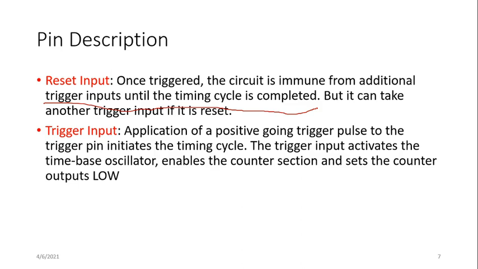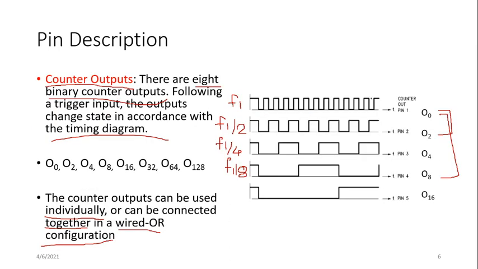And what is a trigger? Trigger will be applied only once. Application of a positive going trigger pulse to the trigger pin initiates the timing cycle. We have seen the timing cycle in the previous diagram. Here, this is the timing cycle. So what happens? Here you are giving one trigger input.